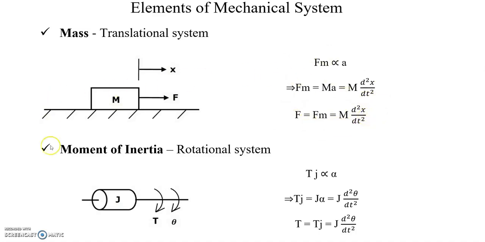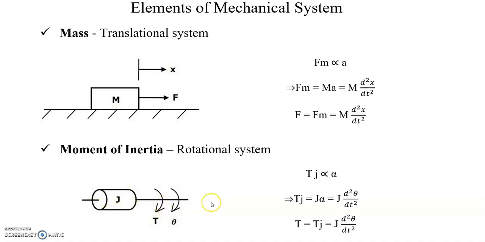Similarly, the next one is the moment of inertia. This is one of the elements of the mechanical rotational system. Instead of force, here torque is applied. If a torque is applied on a body having a moment of inertia J, then it is opposed by an opposing torque due to the moment of inertia.